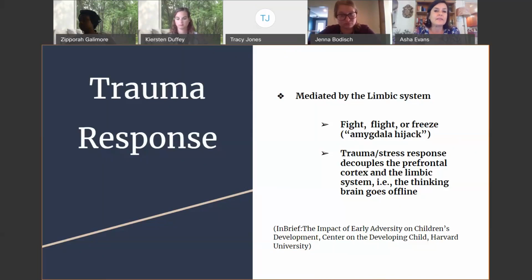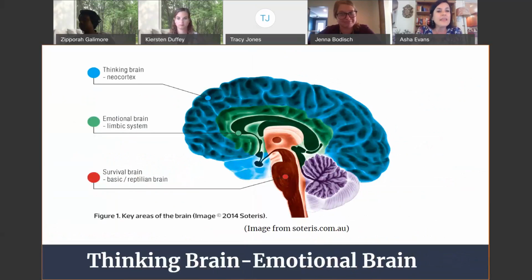see that the stress response is mediated by the limbic system, or what we call the emotional brain. And this is probably the most important point that I'm going to make in my few minutes, and that is when the limbic system is triggered or the stress response is triggered, the thinking brain goes offline.